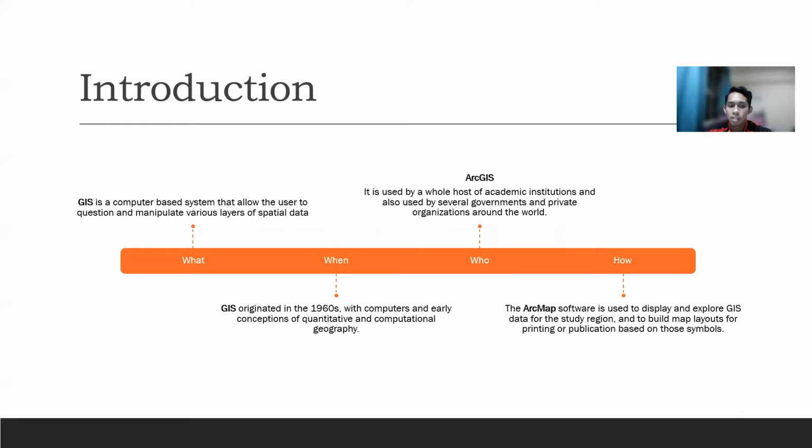By using ArcMap, we can plot and use the tools that the software provides for us to build the map for printing or publication. So I think that's a little bit about the introduction on the GIS, the ArcGIS and the ArcMap. All right, I pass to the next presenter, Olivia.